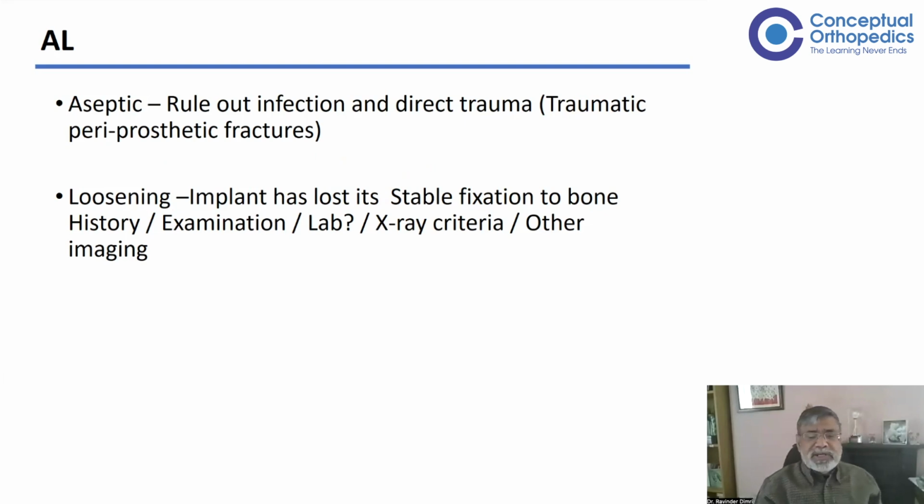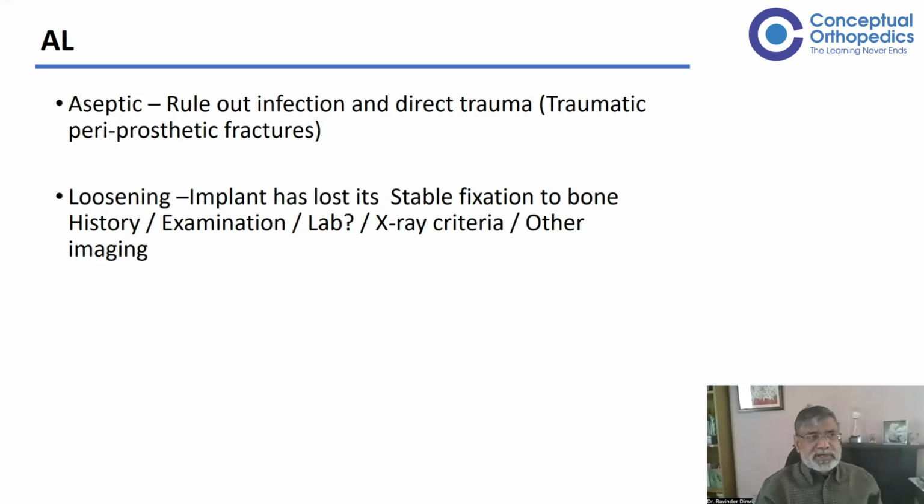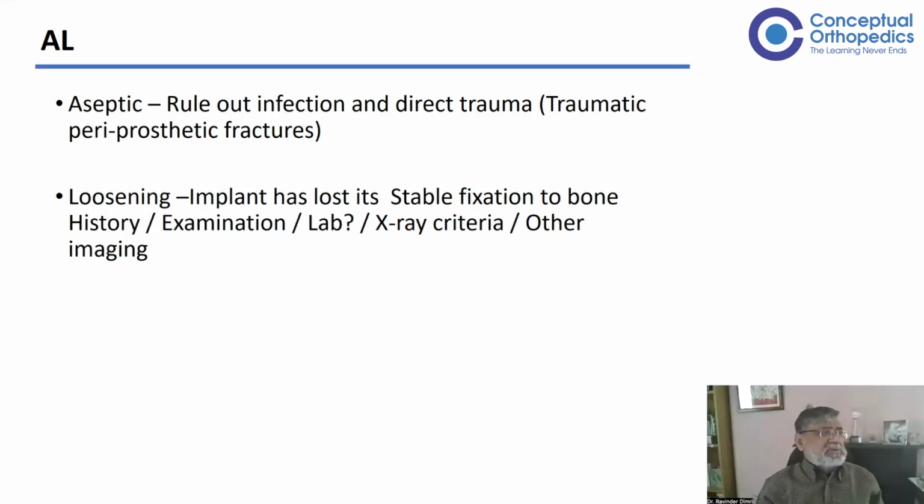Abhishek, do you know how we classify periprosthetic fractures? Have you heard of the Vancouver classification? Yes, sir. So in that classification, very simply, A is a trochanteric fracture not involving the prosthesis stem, B is around the prosthesis, and C is away from it.